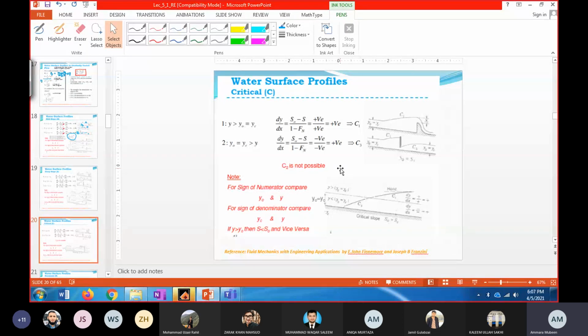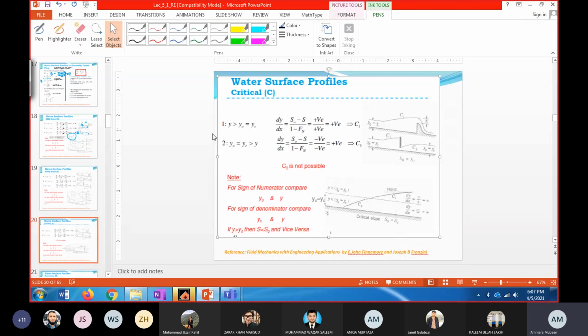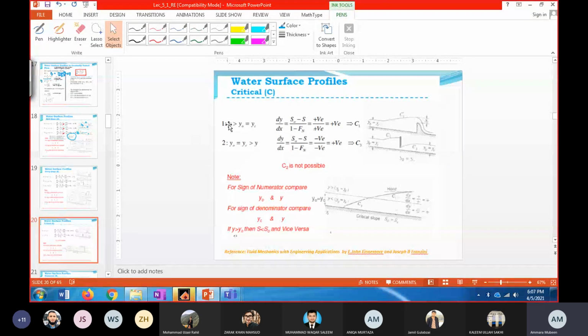What about critical slopes? You can see that we have the criteria like depth of flow can be greater than y naught. In critical slopes, y naught is equal to yc, that is, uniform flow depth is equal to critical flow depth.